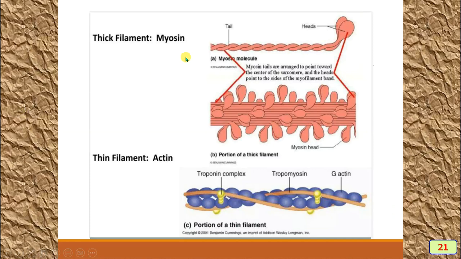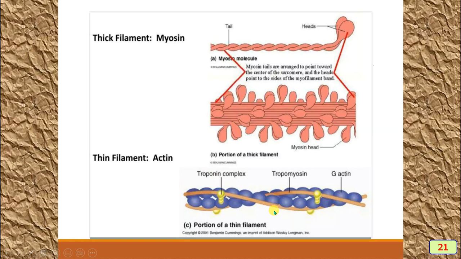The thick filament is called myosin, which contains the tail and also the heads. Here you can see the different heads, and together they are called the thick filament myosin, whereas the thin filament is also called actin.